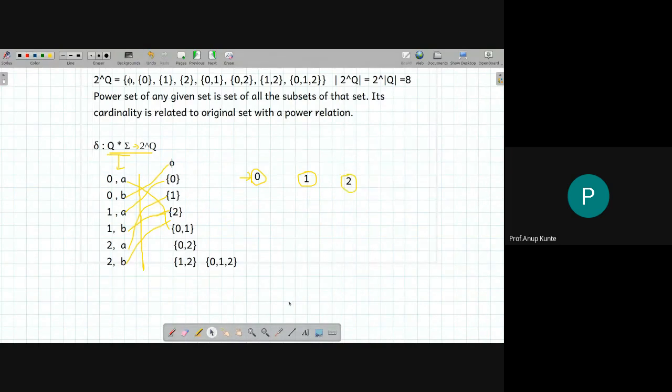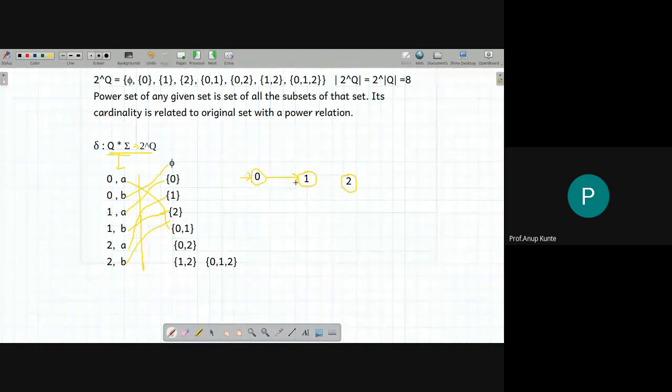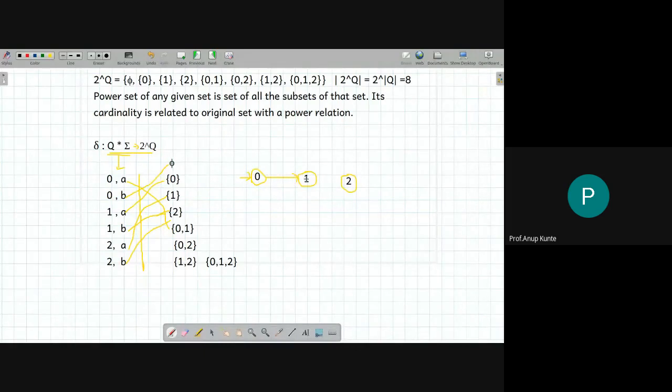So don't worry about it. On 0, on input A, I'm moving to the set 0, 1, meaning there are two states I can move into. On input A, from state 0, I can move to state 1, or I can stay in state 0. That is, there is a self loop.